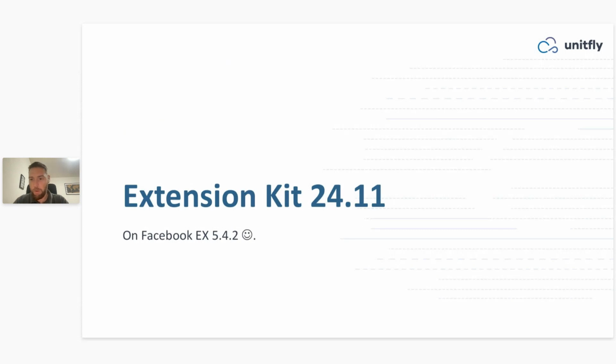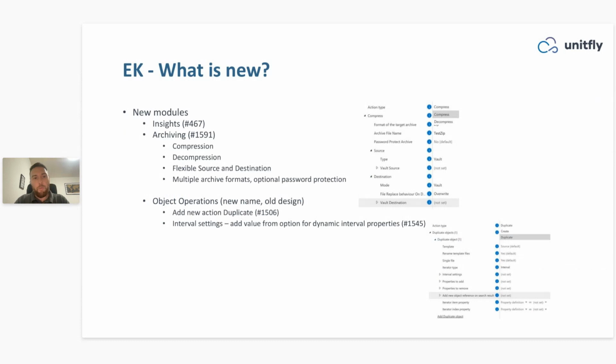Now we will talk about what we've done new in this current version of the Extension Kit. We added 2 new modules. One is just renamed, and we added different features inside of it. We have the archiving module. That means you can now compress and decompress files.